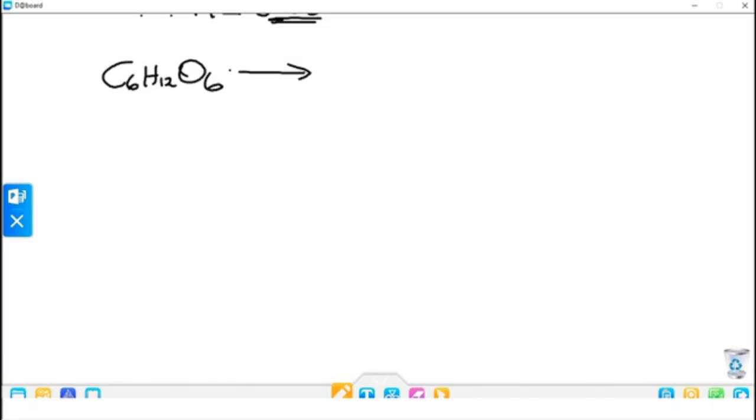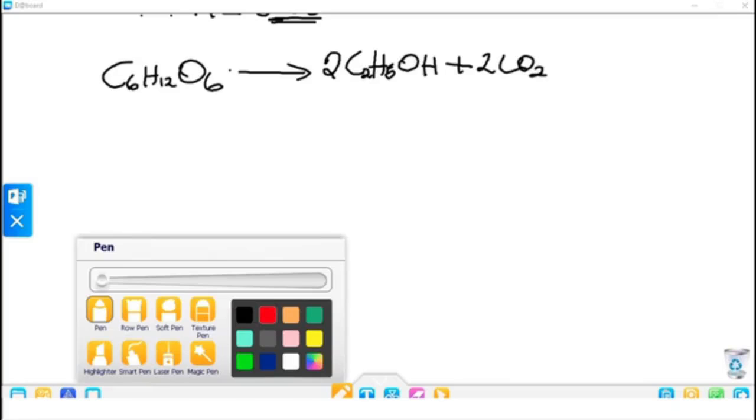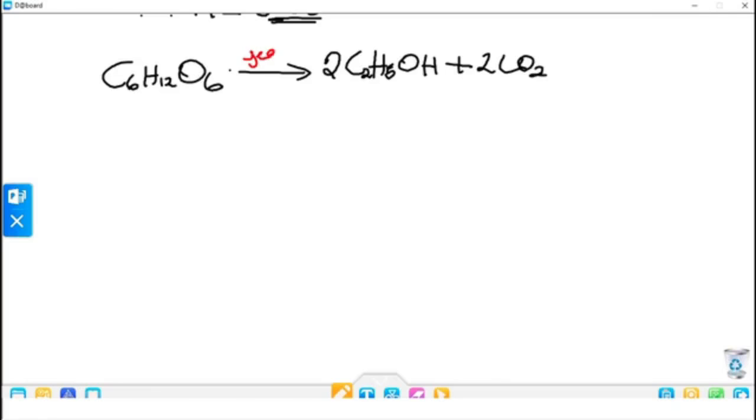When glucose is fermented, we have 2 moles of ethanol, C2H5OH, and of course, CO2 given off. So, what do we need to do? And we are told that yeast facilitated that reaction. So, yeast is acting as an enzyme.